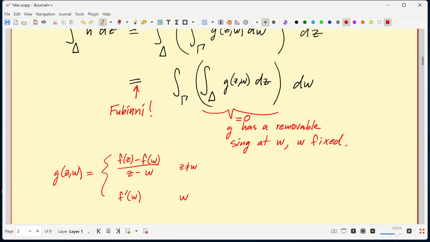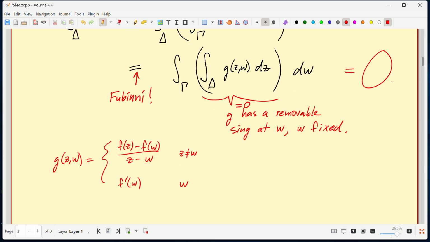Of course, it's continuous up to that spot, and therefore that singularity is removable. So Morera's implies that, so we get a big fat 0 here. And Morera's therefore implies that H is analytic. Questions?